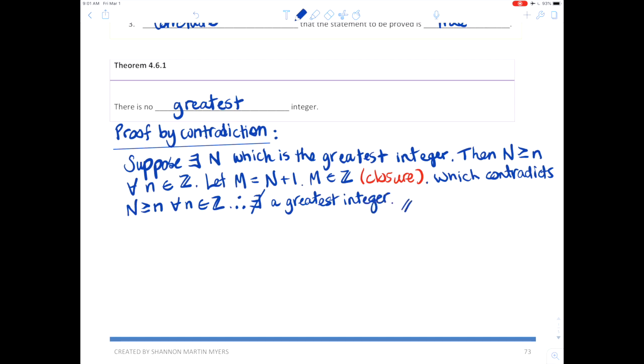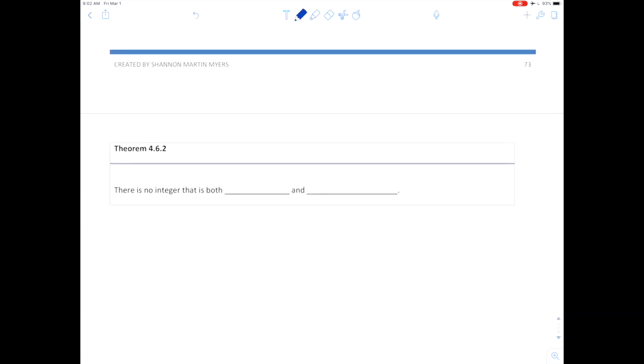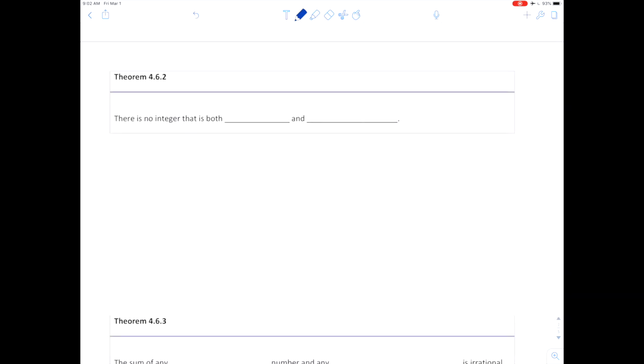Cool, cool? All right. So, moving on, here's another kind of cool theorem. There is no integer that is both even and odd. Okay, well, what do you think?